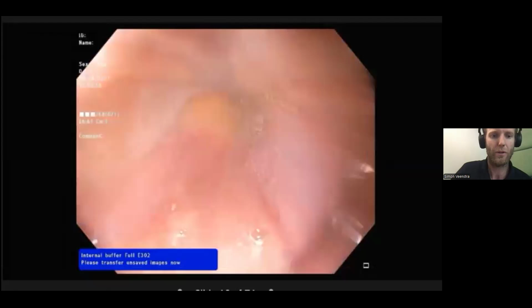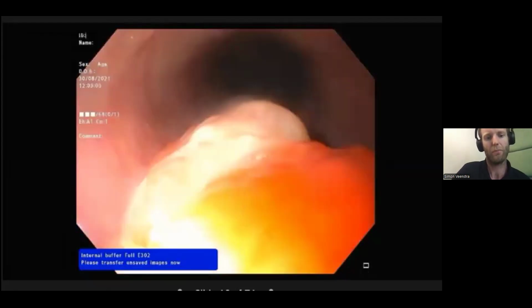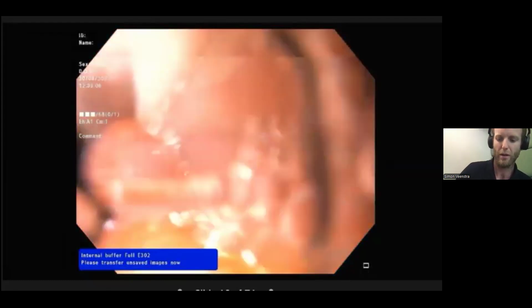It's not completely obstructive, but this is probably a locally advanced esophageal cancer, and one would obviously biopsy that, and that would go into MDT and would be treated accordingly.